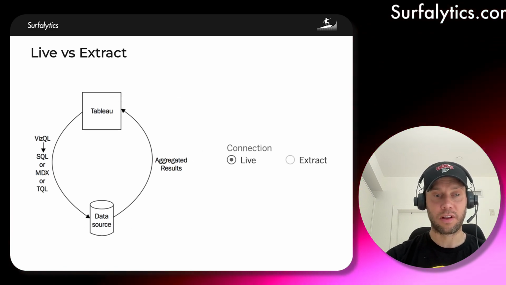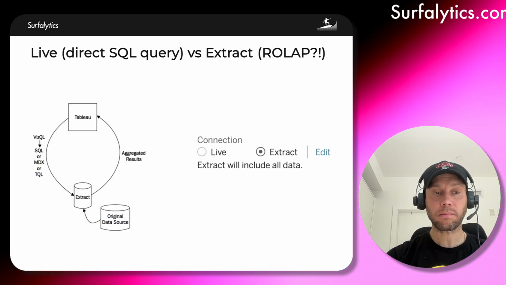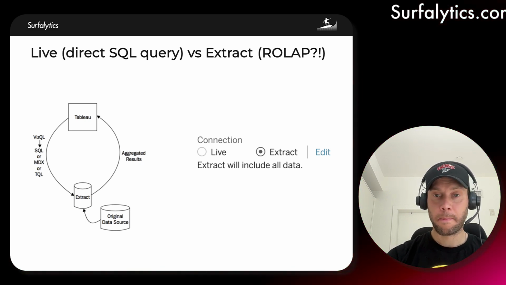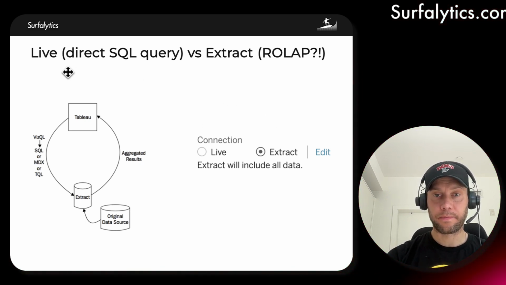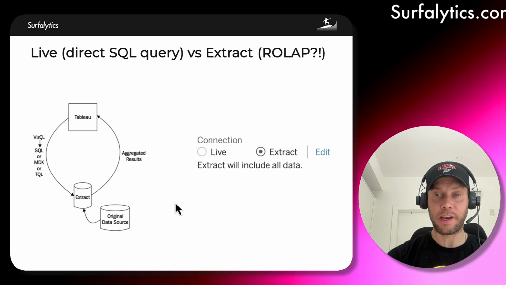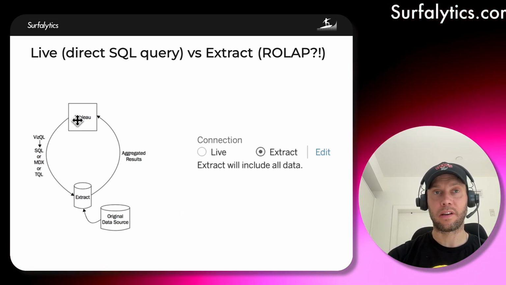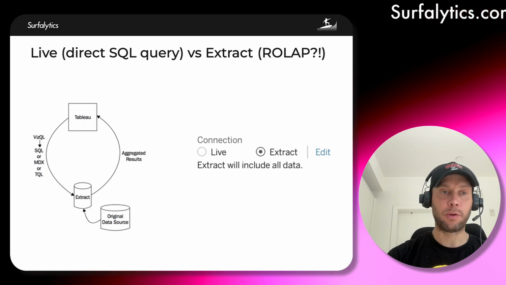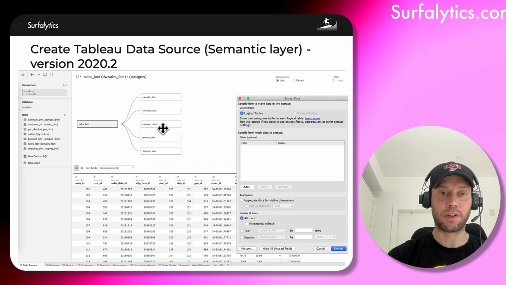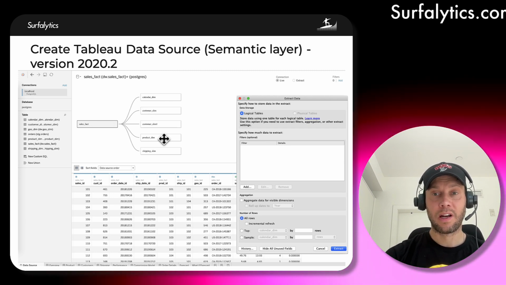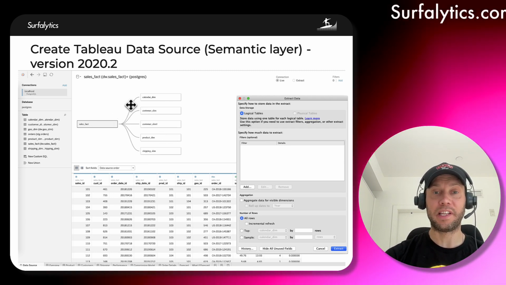This is live connection. If we talk about extract, what is happening here? All the same, the SQL query is generated, but it is generated at this step. As soon as we create our data source, we choose our tables. What is happening is that we select all the columns that we have here.